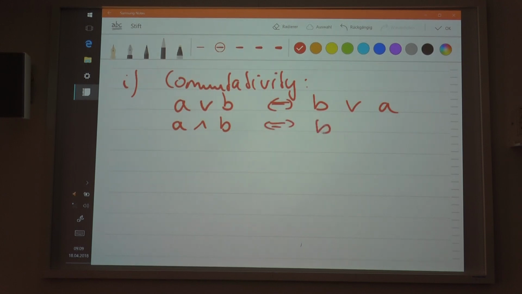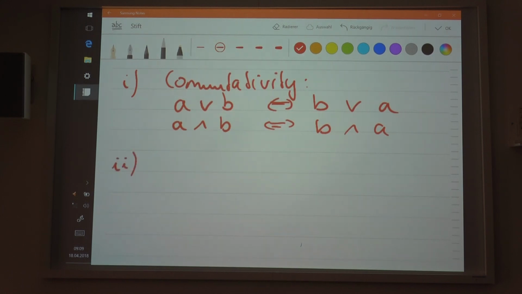The conjunction of two statements A and B is true if and only if the conjunction of the statements B and A is also true, and vice versa. So it's actually clear. This property is called commutativity. You say that the disjunction is commutative and the conjunction as well.